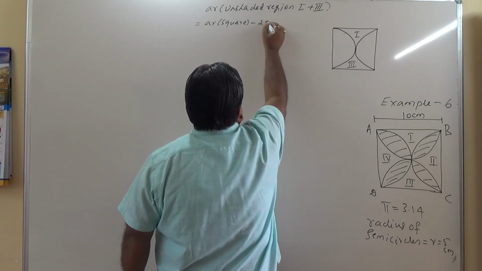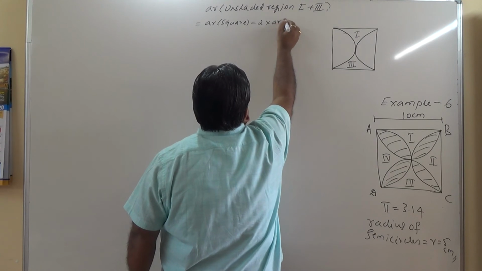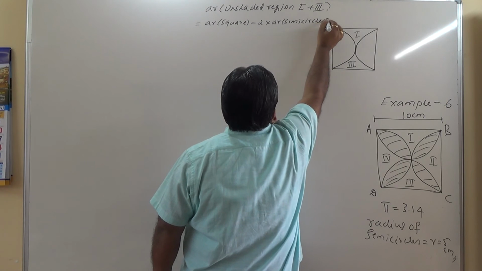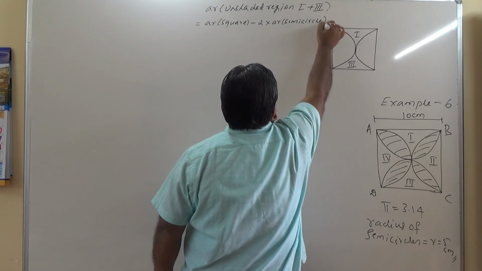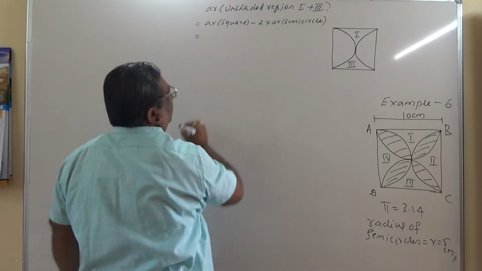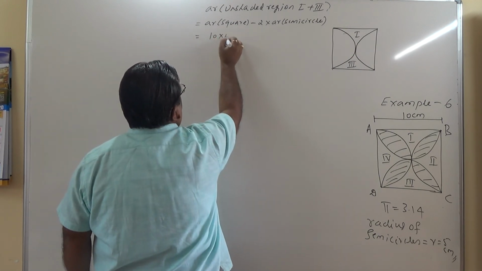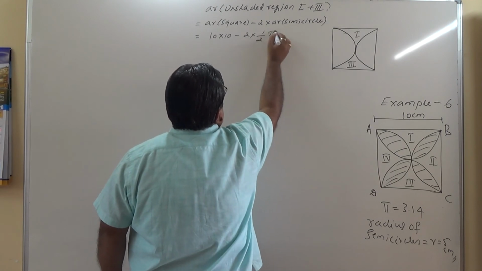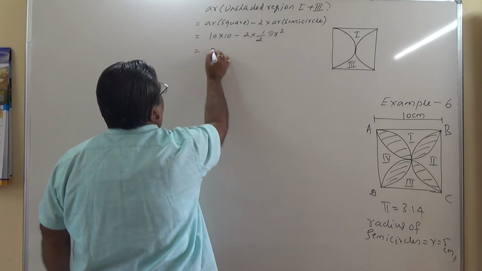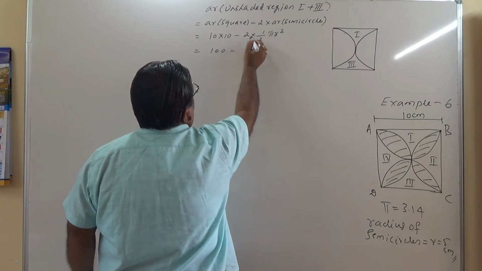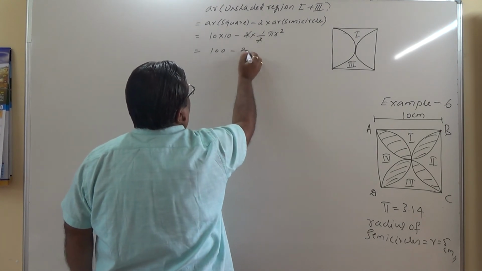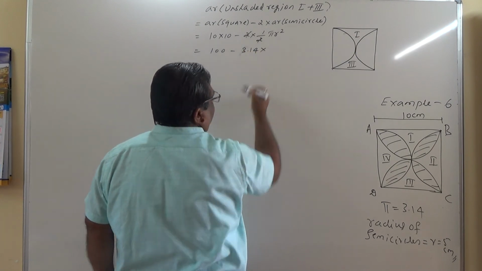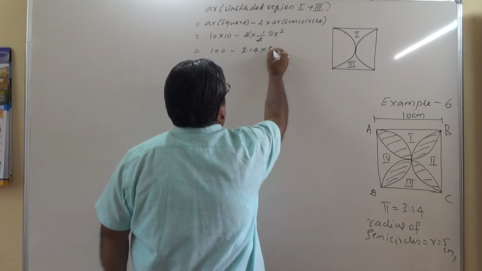So 2 into area of semicircle. 10 into 10 minus 2 into area of the semicircle, which is half pi r square. 100 minus, 2 cancels, it is pi r square. Pi r square is 3.14 into r, which is 5, square.